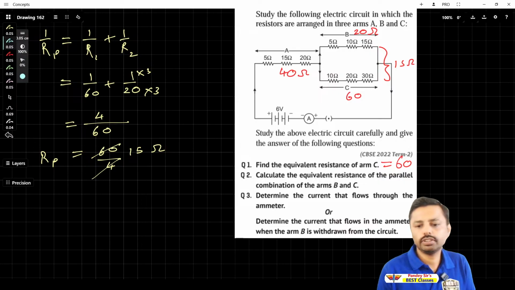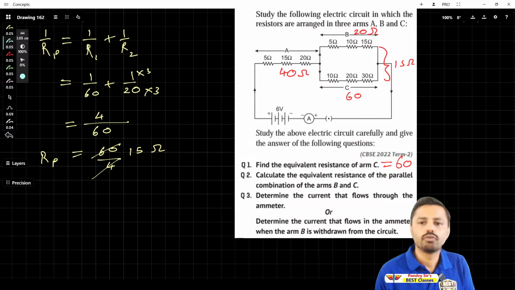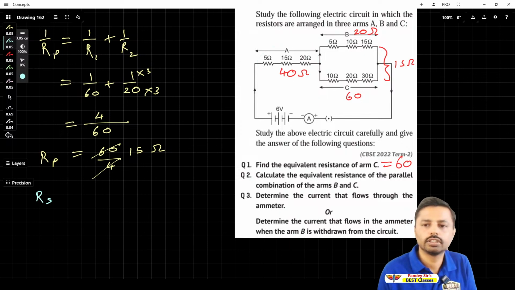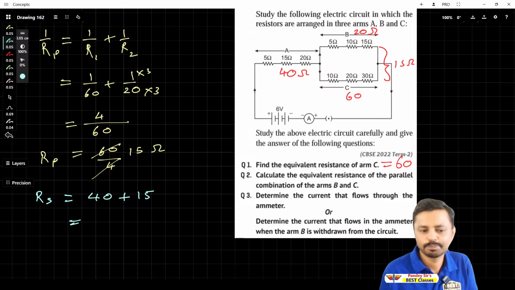Now next one, they have asked to determine the current that flows through the ammeter, the total current. For total current we need to add these in series, R of series equal to R1 plus R2. So 40 plus 15, that's 55.